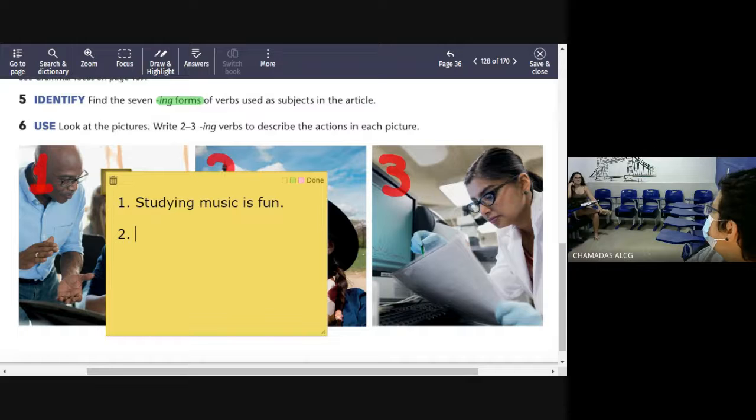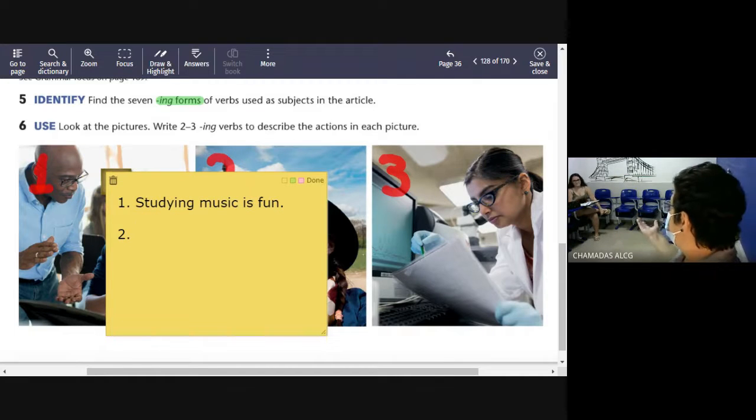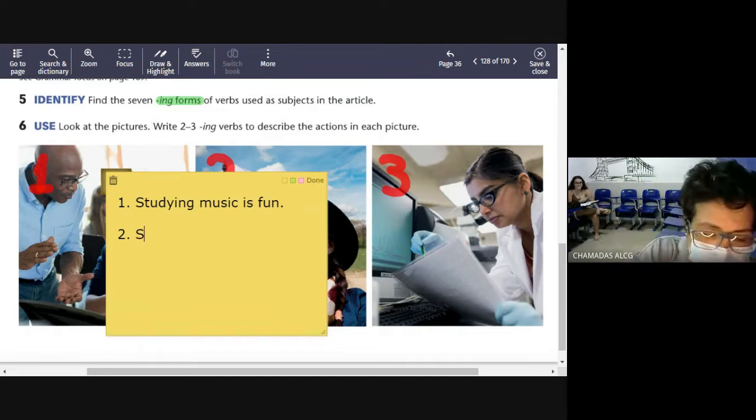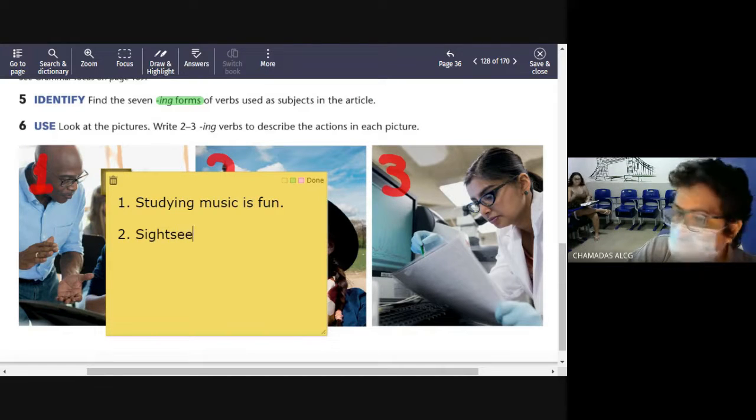Sightseeing. Oh, okay. She is sightseeing in Paris. Yeah. This is to describe the action. Fine. Okay. So sightseeing, we can change the adjective. Sightseeing in Paris.